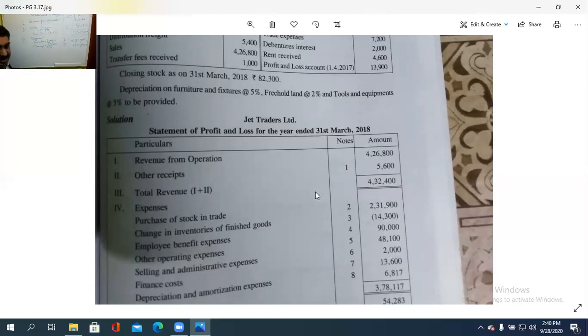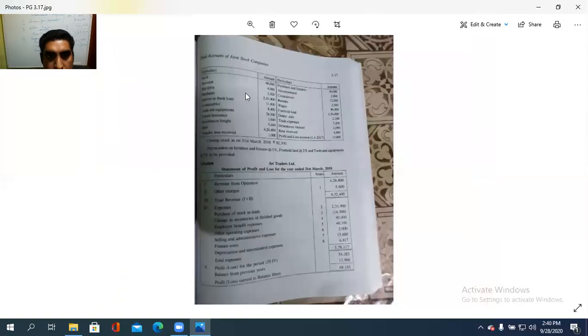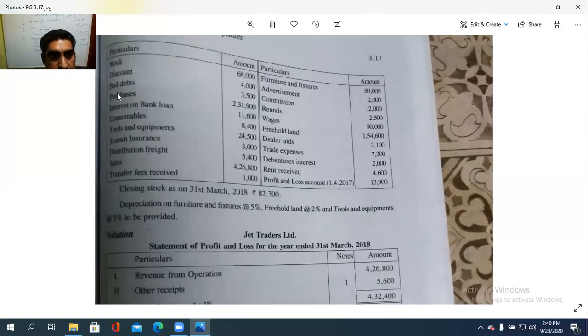what is that? Employee benefit expenses. So what is the employee benefit? Check it.